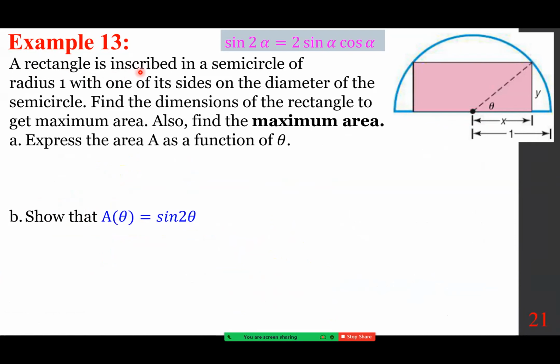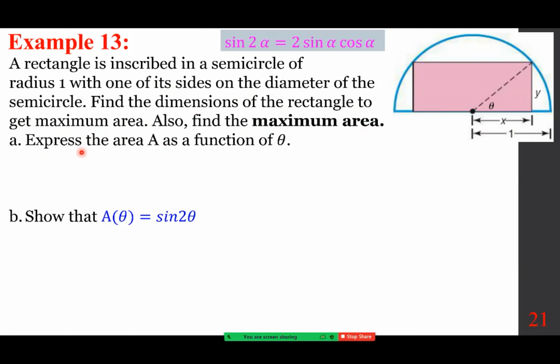A rectangle is inscribed in a semicircle of radius 1. The radius is 1. With one of its sides on the diameter of the semicircle. Find the dimensions of the rectangle to get maximum area. Also find the maximum area.